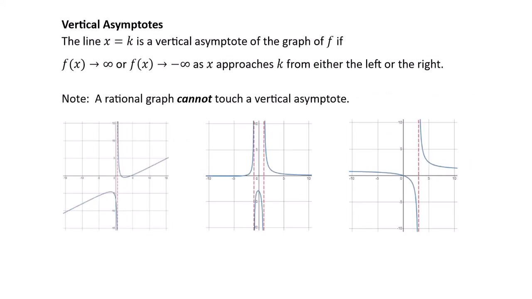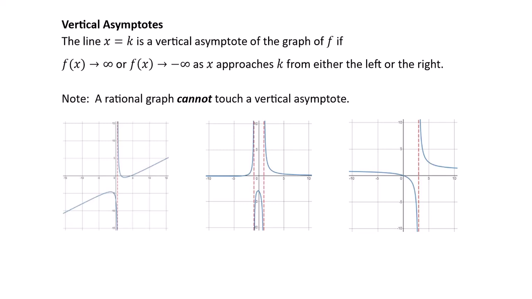Vertical asymptotes. The line x equals k is the vertical asymptote of the graph of f if f of x approaches infinity or f of x approaches negative infinity as x approaches some constant k from either the left or the right. Now, a rational graph cannot touch a vertical asymptote. We'll see this more as we continue with the lesson.